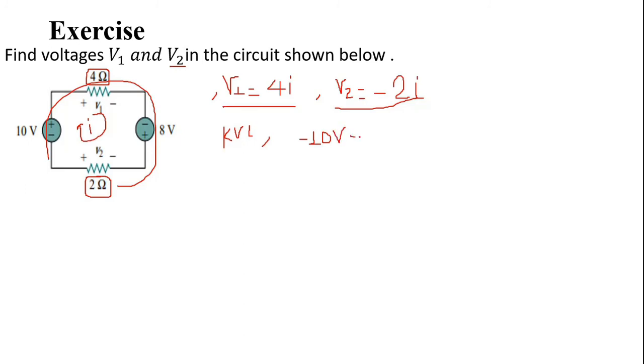Plus, for the first resistance, the current is entering in a positive terminal, so it is plus V1. Minus 8 volts, because current I is entering in a negative terminal, minus V2.